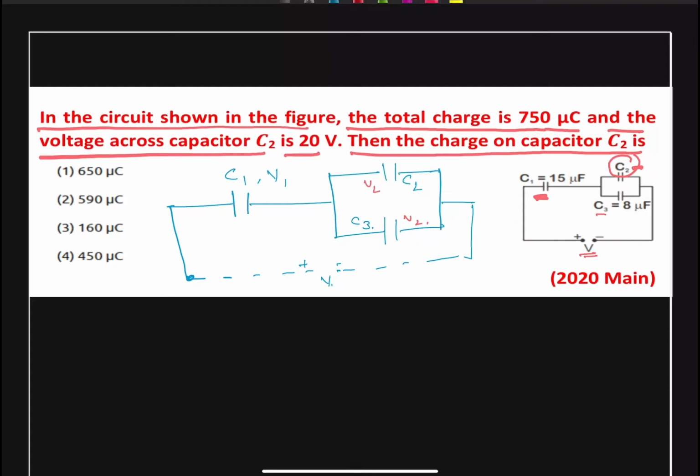And we are given that the total charge on this entire system is 750 microcoulomb. So let the total charge be QT, given as 750 microcoulomb.